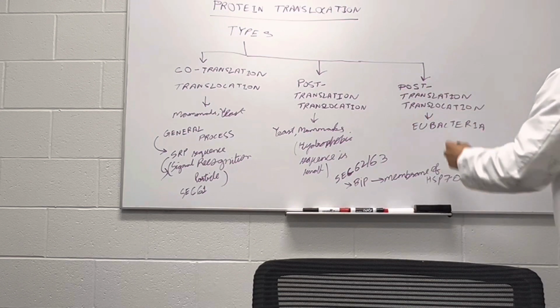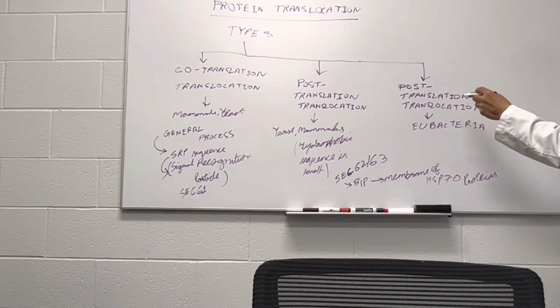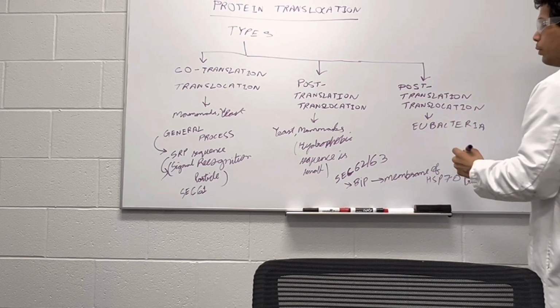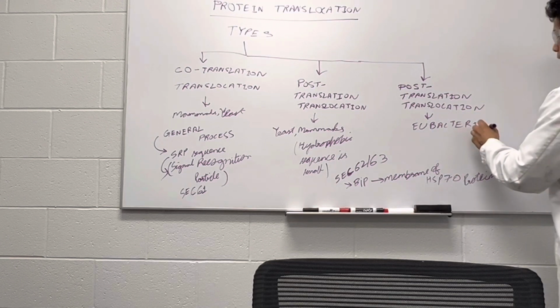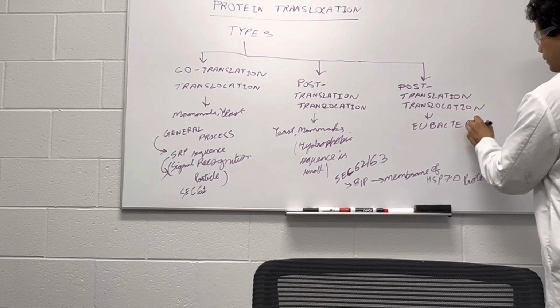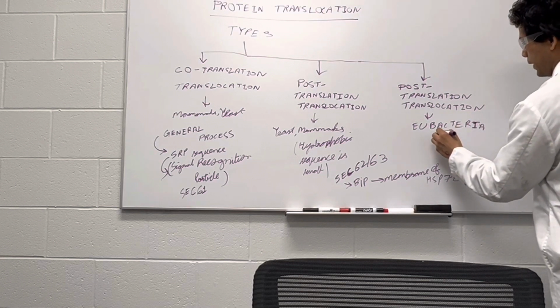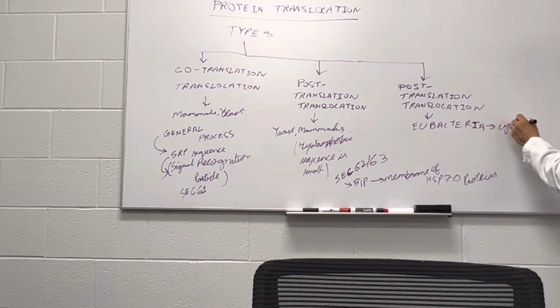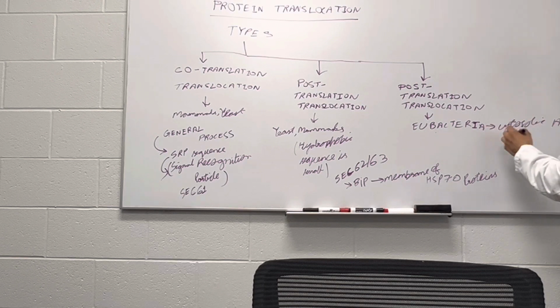And this post-translational translocation in eubacteria usually occurs with the help of a cytosolic ATPase. Another name for this is SecA.